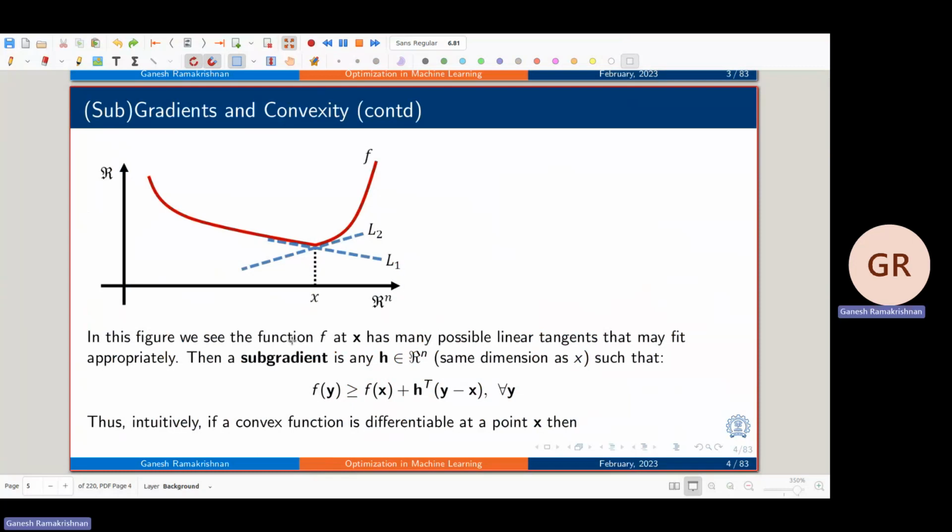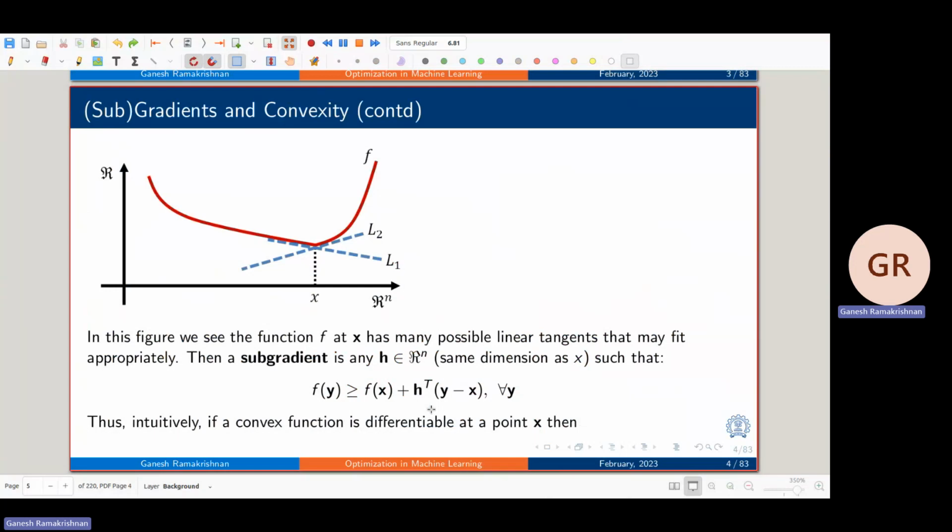Okay, so just again recap this. If a convex function is differentiable at point x, then what would you expect the subgradient to be? Yes, the subgradient will be exactly the gradient. So for f(y) greater than or equal to f(x) plus h, customarily you can put h_x transpose just to create an impression in your mind that h is a function of x.